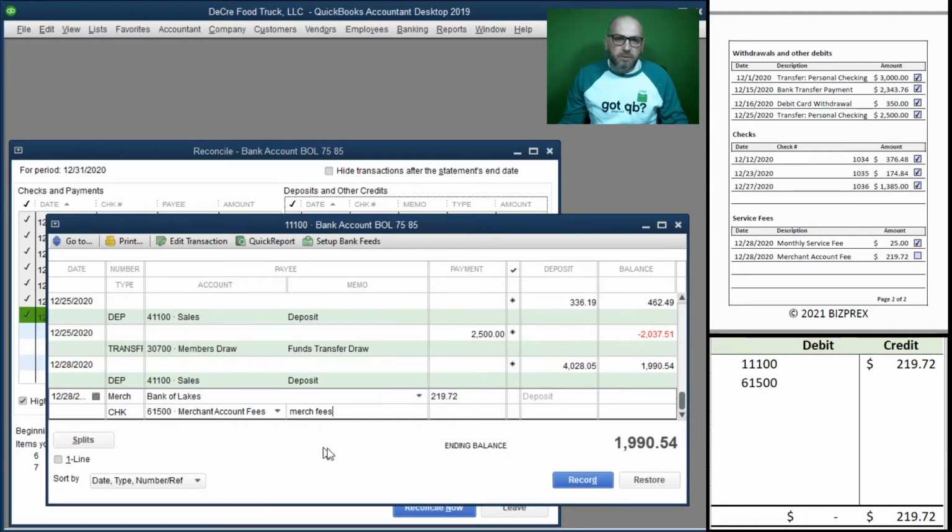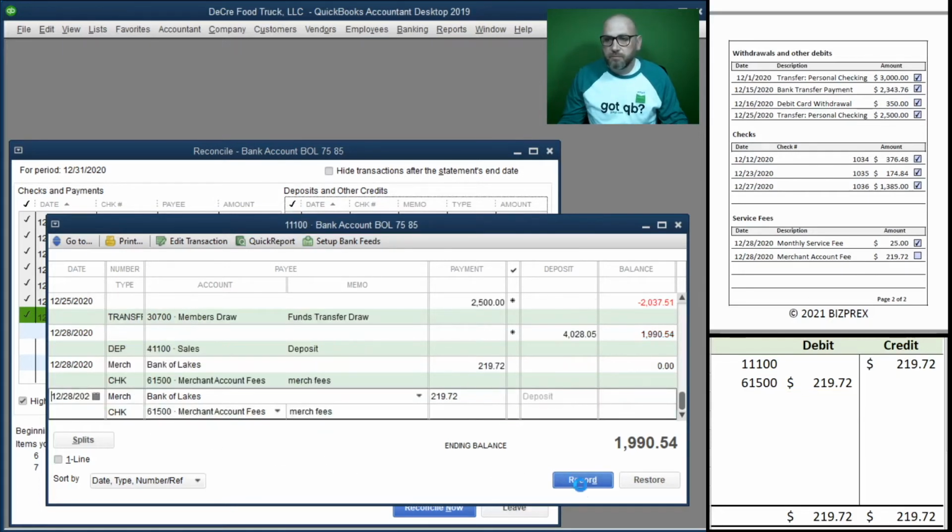So we can tab it or we can record it, but once we do that, this accounting entry will be booked. Oops. Okay, debits and credits are in balance, even though, again, this amount we're entering only once right here, it is a credit to this account, right, 11,100, and it is a debit to this account, 61,500. Okay, record.